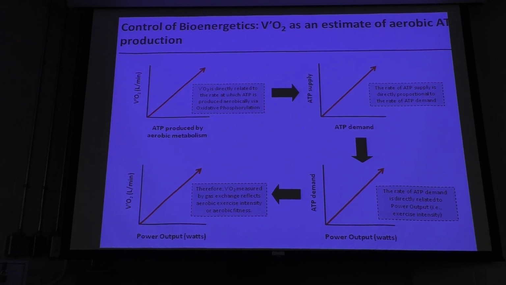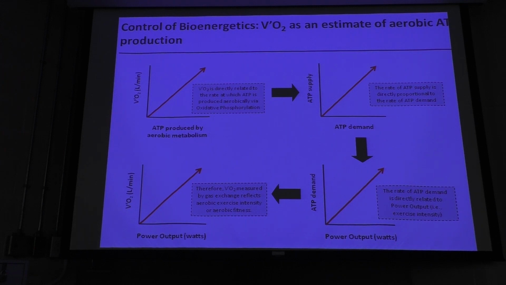But through these series of assumptions, we can begin to look at the rate of oxygen consumption, which is measurable during an exercise test, relative to power output, which is measurable through a calibrated bicycle or treadmill. And we can begin to look at the VO2 measured by gas exchange as ultimately a reflection of aerobic exercise intensity or aerobic fitness.